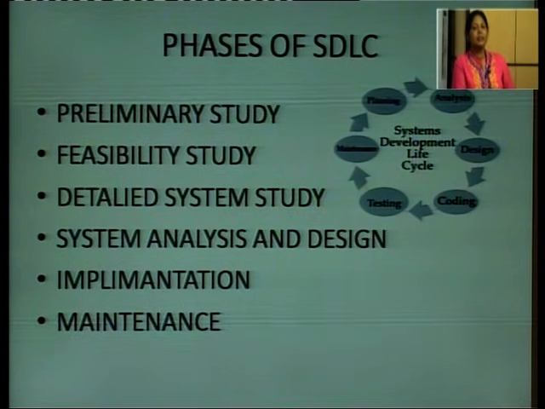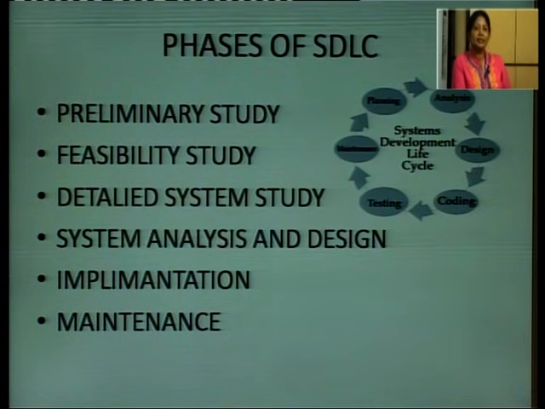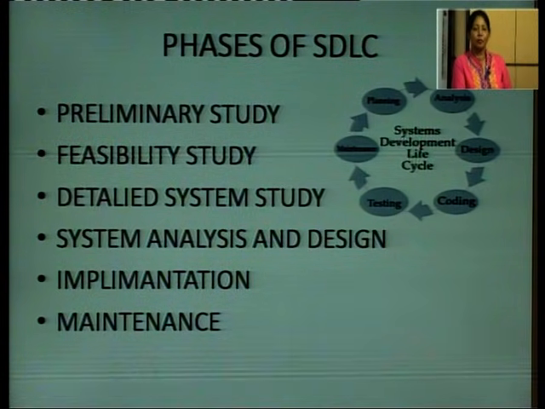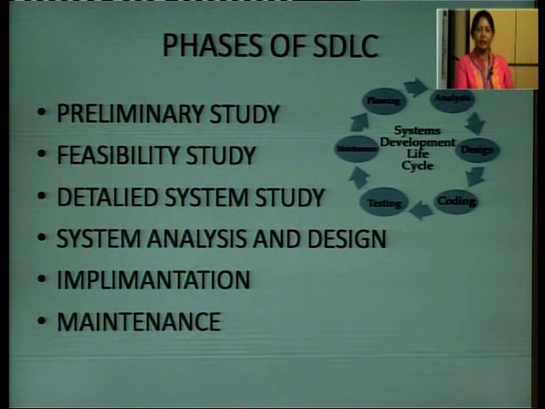The next is the system analysis and design, where the system is analyzed and then designed. Then the implementation, where the system is actually put into practice. The next is the maintenance. So, first of all, the preliminary study.